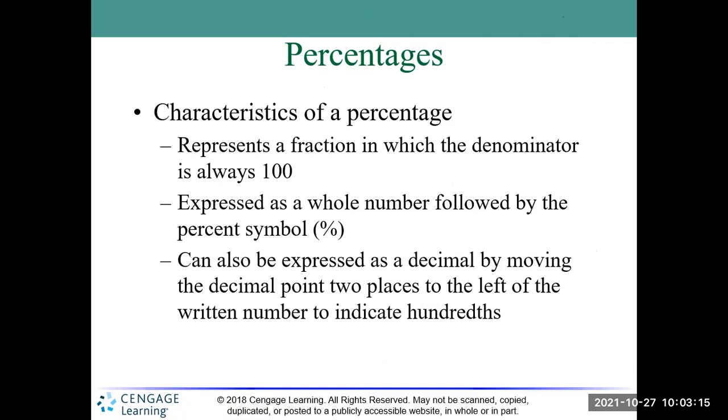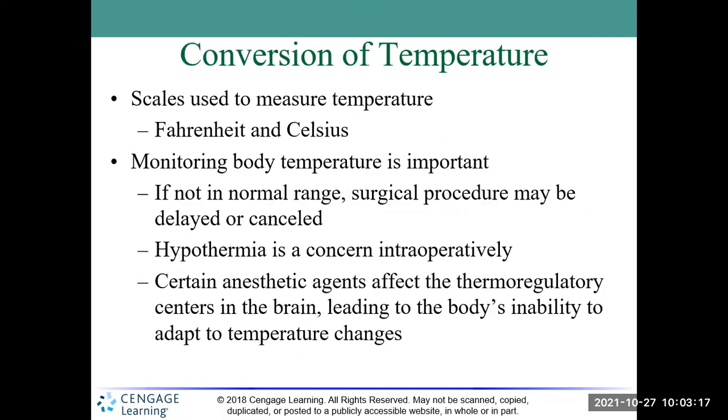And then, of course, we need to convert temperature. Fahrenheit is what we're familiar with, but in the medical world, you're going to be using Celsius. So you have to be familiar with that formula. It's also in the book, but that is Fahrenheit minus 32 times 5/9 is your Celsius.